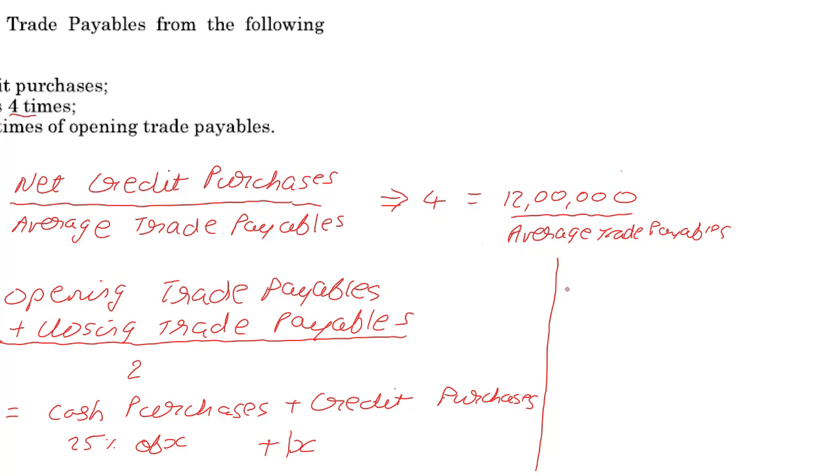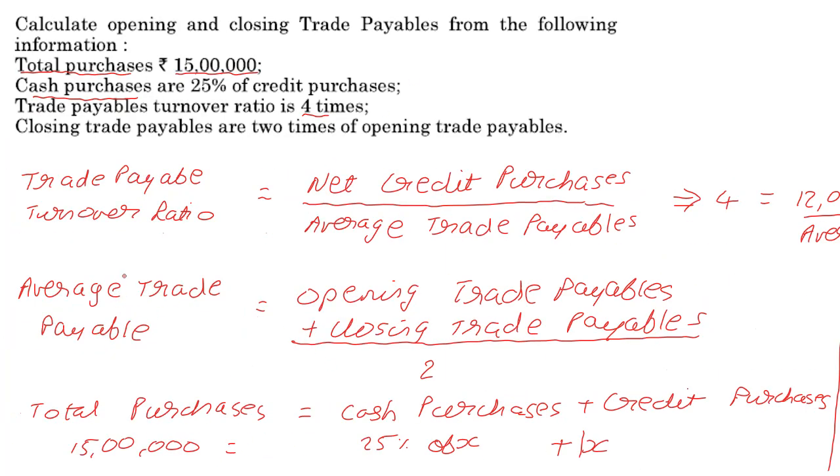So average trade payables is equal to 12 lakhs upon 4, which gives me 3 lakhs. Now that I have average trade payables as 3 lakhs, 3 lakhs will equal opening trade payables plus closing trade payables upon 2.